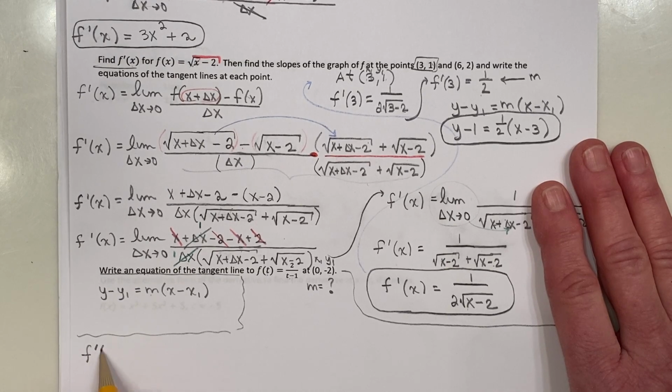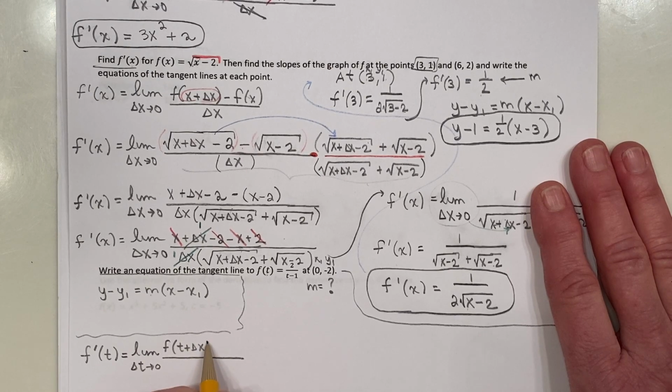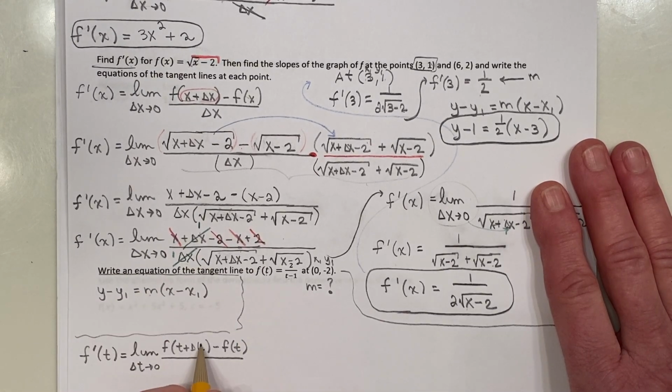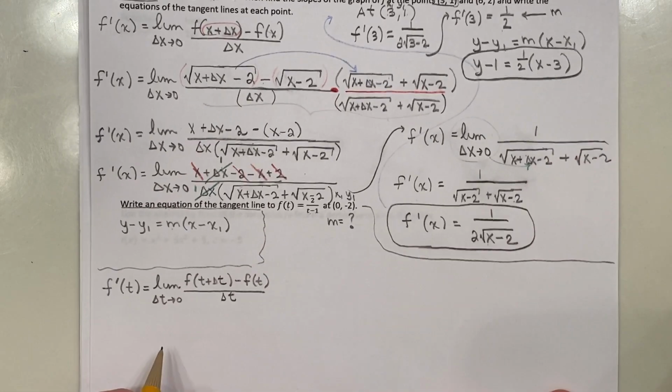All right, let's find f prime at t. So the limit as, and we'll just call this the change in t then. We'll just change all our x's to t. So then it'd be f of t plus delta t minus f of t, all over delta t. If you're comfortable changing everything to x's, there's nothing wrong with that.